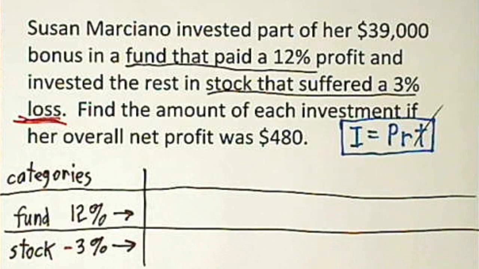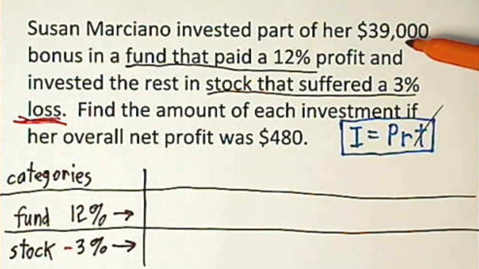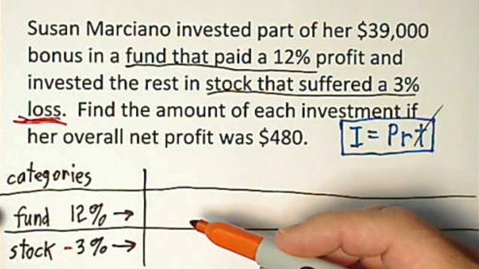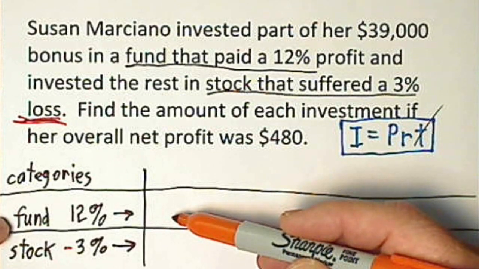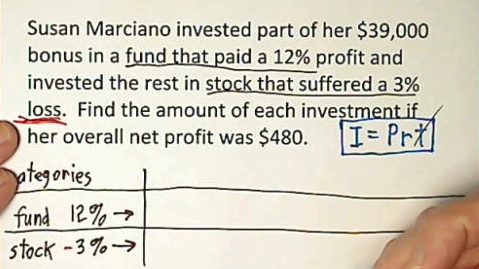And we need some variables in here, okay? To accomplish that, she invested $39,000. I would just like to earn $39,000, let alone invest $39,000. All right, so she invested $39,000, and I can't say that she invested $39,000 at 12% or $39,000 at a 3% loss. But here's the cool trick.